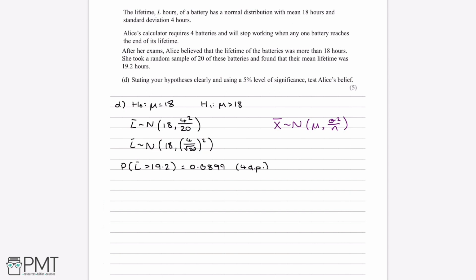Now, if we compare this to the level of significance we were told to use, we were told to use a 5% level of significance, which as a decimal is 0.05. So if we compare this answer to the level of significance, we can say that the probability that L bar is greater than 19.2 is actually greater than 0.05. It's greater than the level of significance.